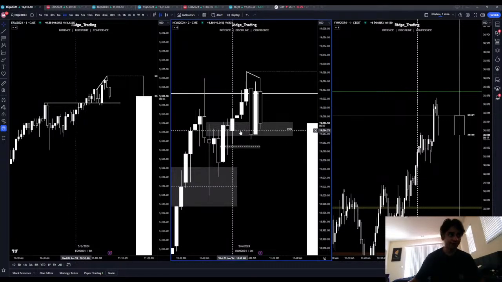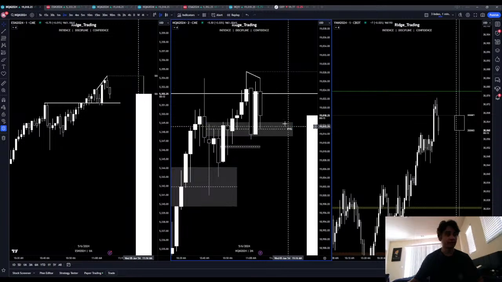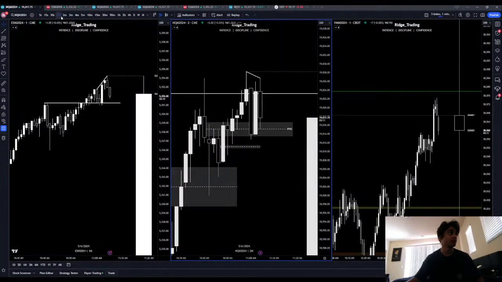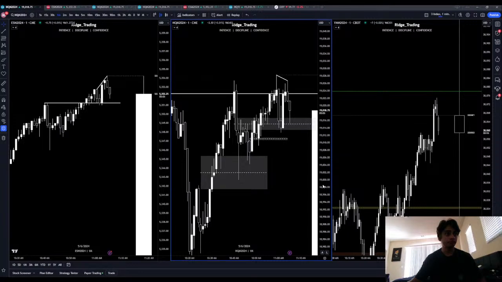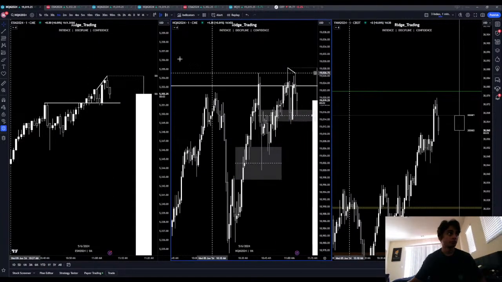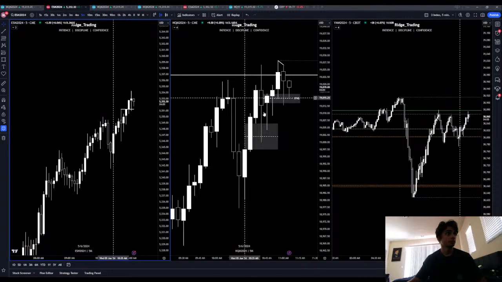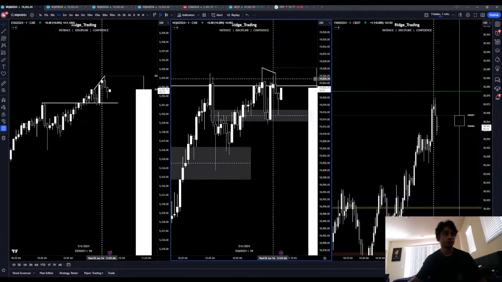But no confidence in this SMT holding unless we at least get under this FVG here. Kind of the bare minimum.